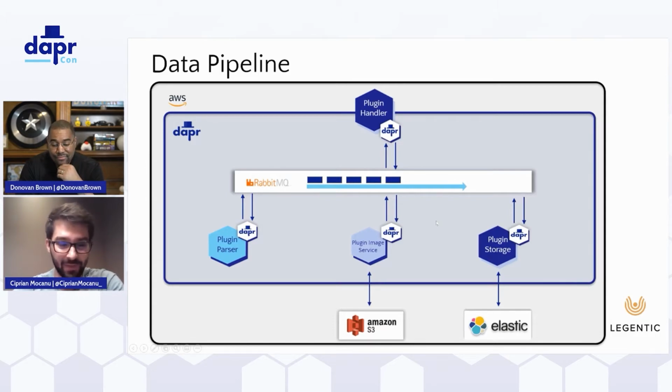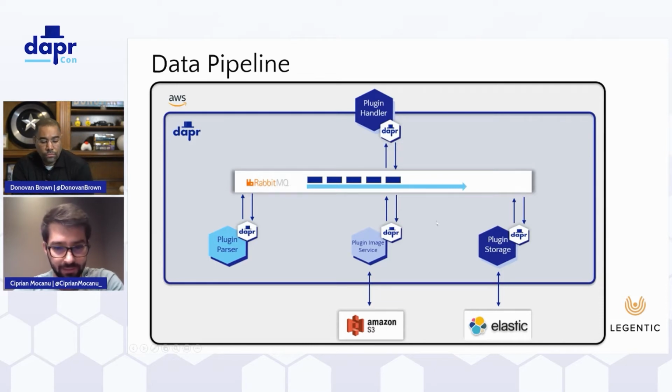Yeah, and for example, here we have a parser that takes in that HTML and does something with it, and then in its own time responds back to RabbitMQ, and the responses get picked up by the plugin handler, and then it goes further and does the publishing to the plugin image service.